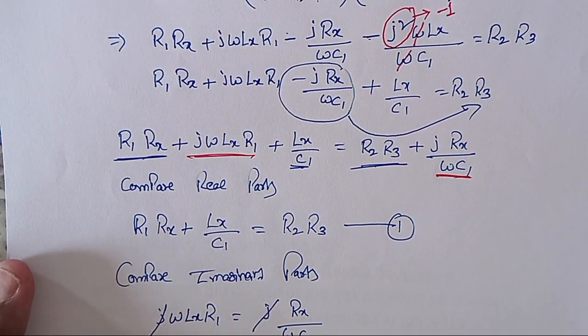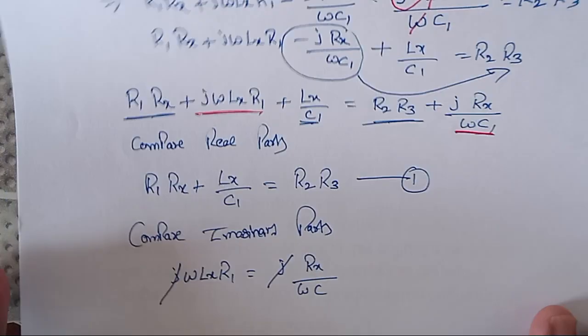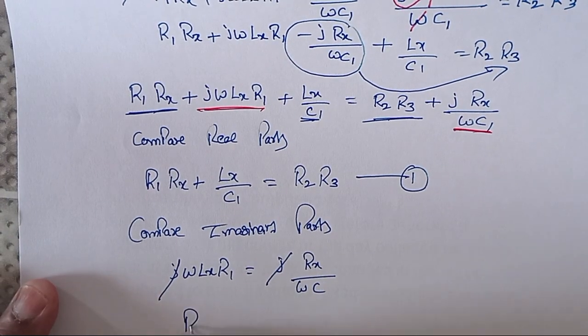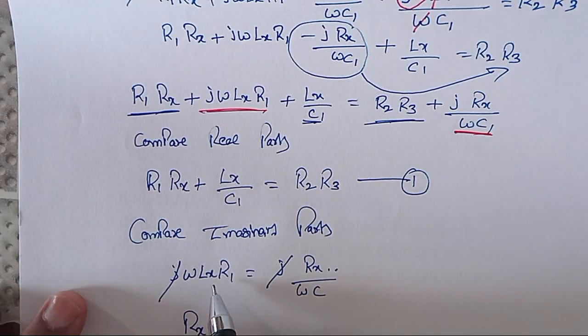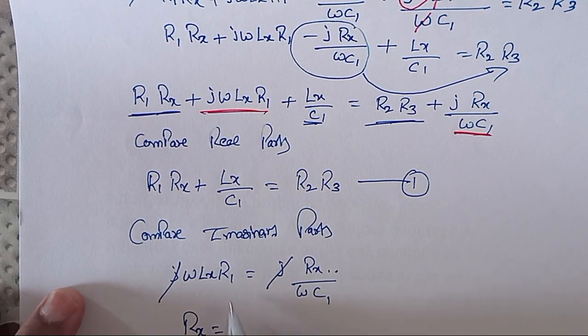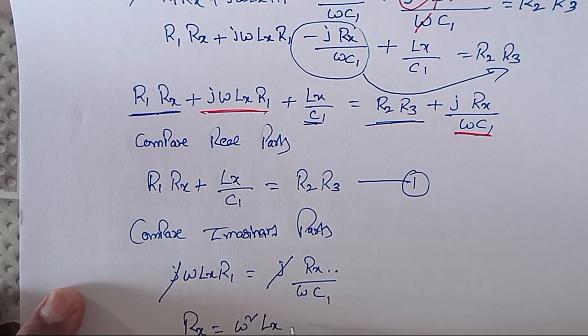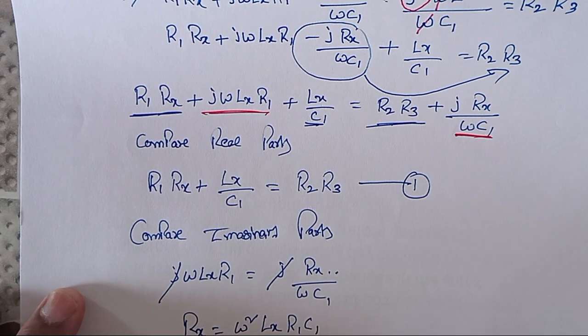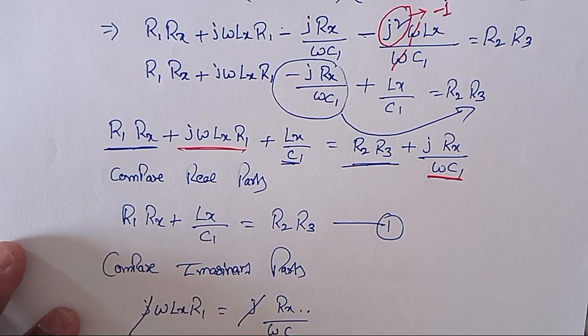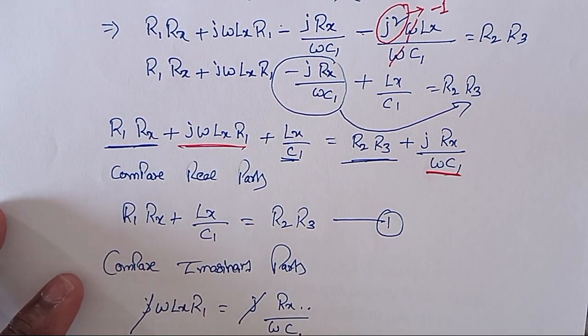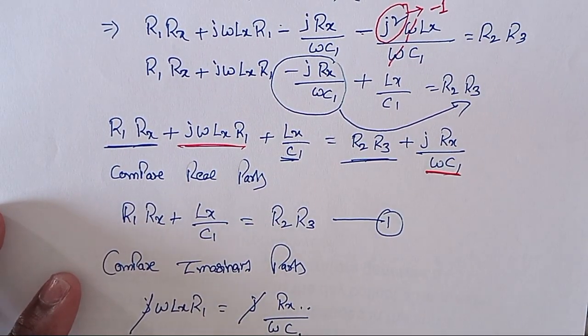J will get cancelled. Then I'm getting Rx equal to, taking this term to this side, Rx equals ω² Lx R1 C1. Let it be equation number 2.